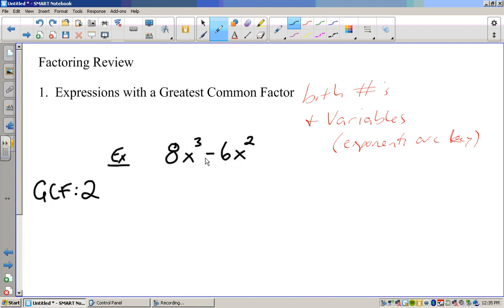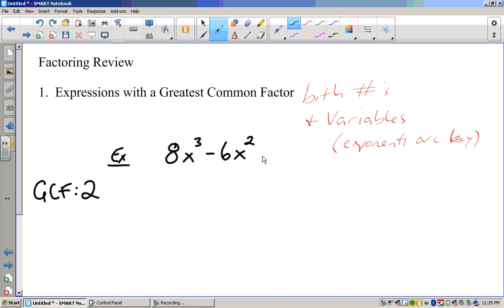It's an all or nothing type deal here. If only one of them has a variable, then I can't take it out, so there's nothing in common. Everything in the expression has to have the same variable or the same numerical factor in order to factor out that number. Okay? Factoring is dividing out, essentially, is what we're doing.